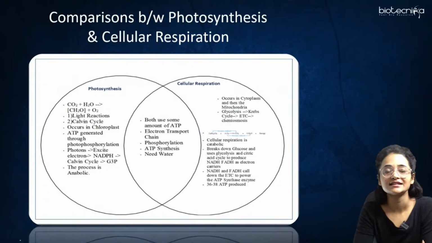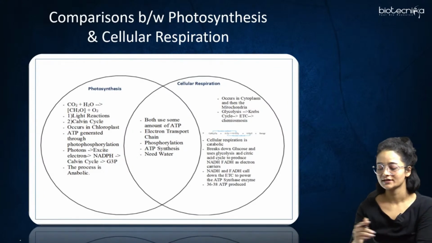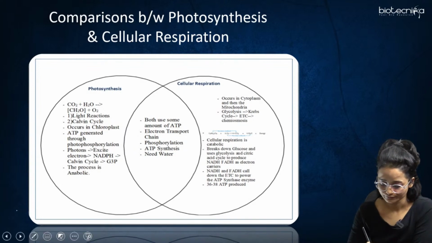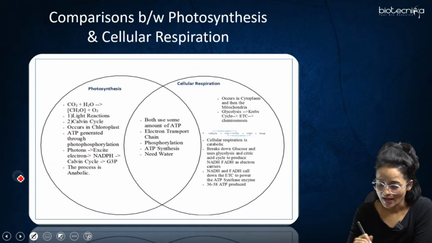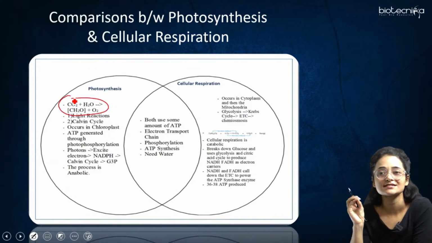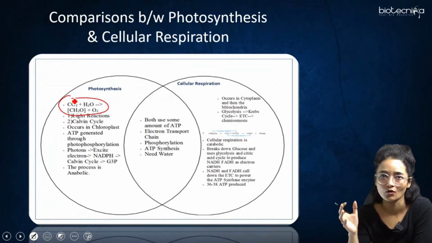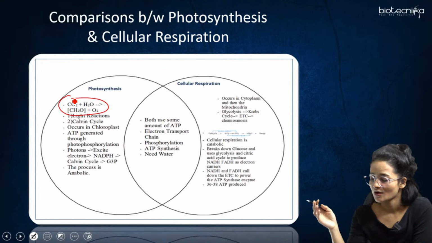So firstly, there is the comparison between photosynthesis and cellular respiration. As we know, in photosynthesis, the reaction is basically this. Photosynthesis is an anabolic reaction where majorly sugar is formed from carbon dioxide and water, and oxygen is released.